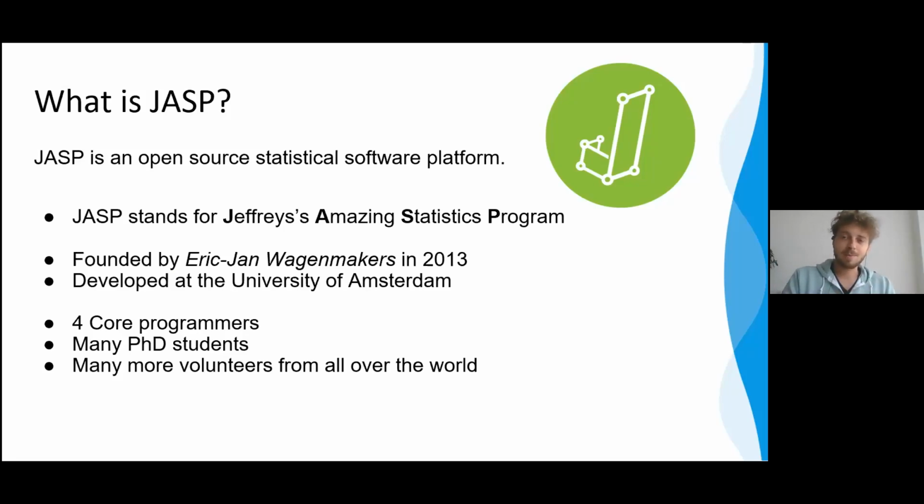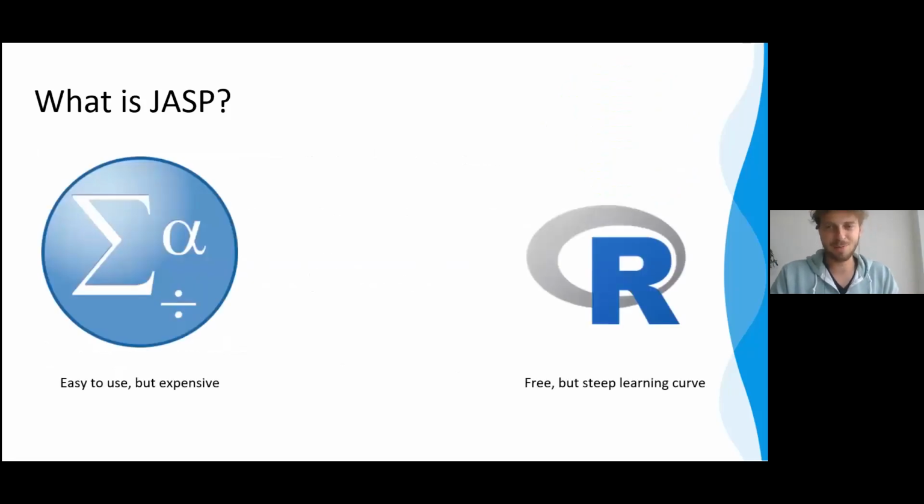But, well, why use JASP, right? Because, well, there's existing software as well. I always see it as the best of both worlds, in that sense. Because if you have SPSS, for example, on one spectrum, this is what, well, most of us get taught, right? It's very easy to use.